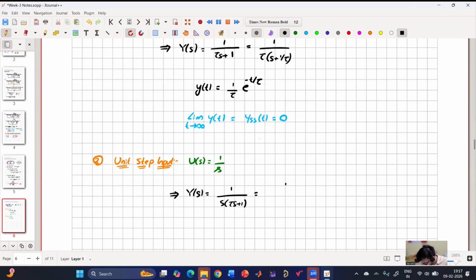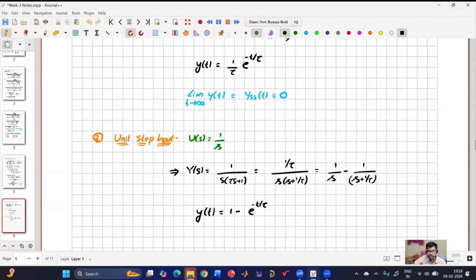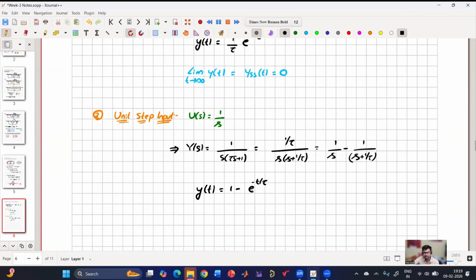If I take tau common in the denominator, I'll have 1 by s into s plus 1 by tau. So this is nothing but 1 by s minus 1 by s plus 1 by tau. So y of t is nothing but 1 minus e to the power minus t by tau. So here I got a different expression because the input is different. So now in this case, what is my limit t tending to infinity of y of t, which is y steady state?